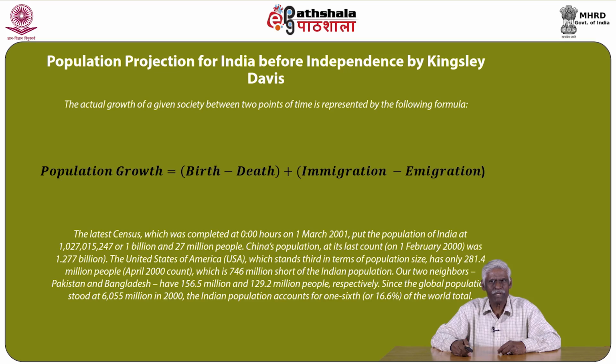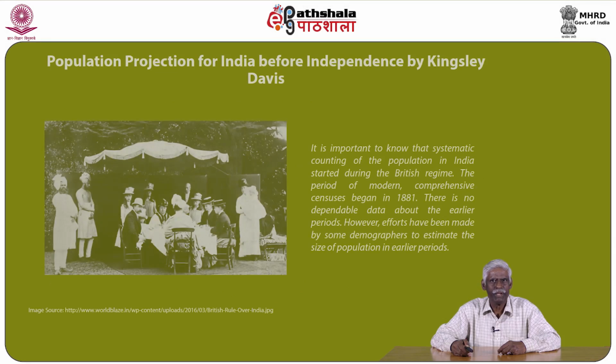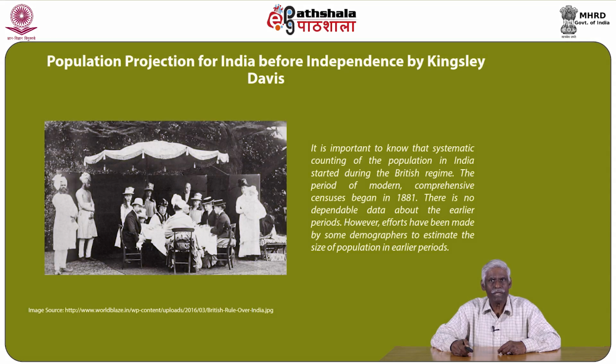Next comes the United States, and then our two neighbors, Pakistan and Bangladesh, with their respective populations. In the global population, India's population accounts for nearly one-sixth, which is 16.6% of the total population. It is important to know that systematic counting of the population in India started during the British regime.